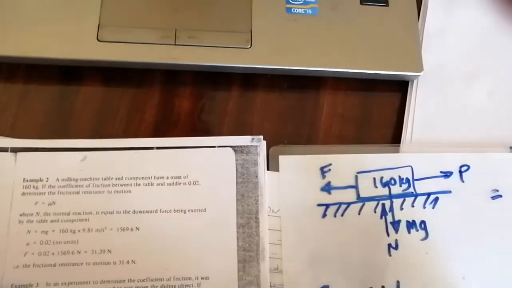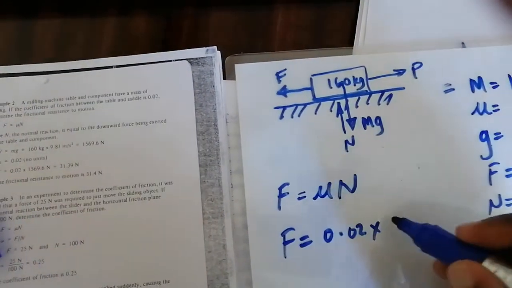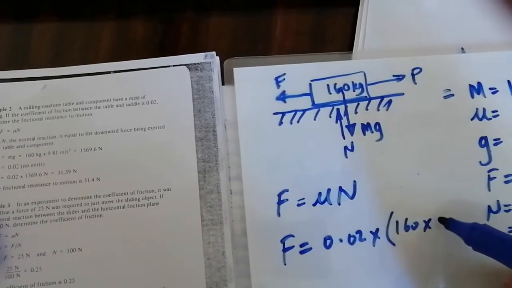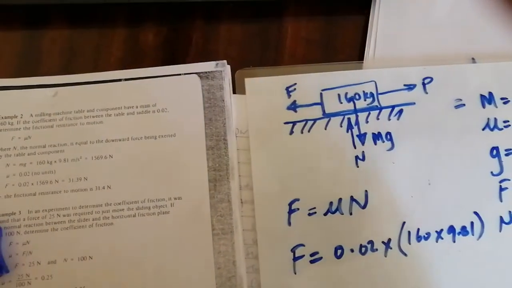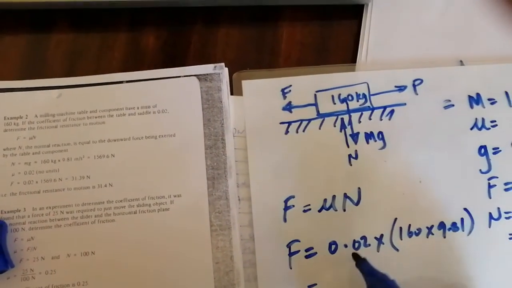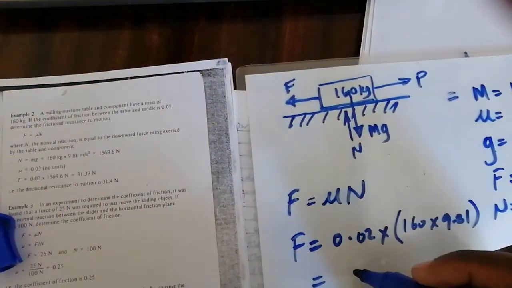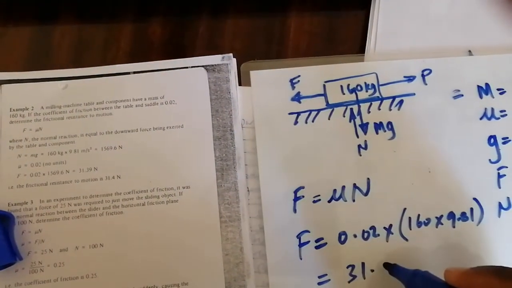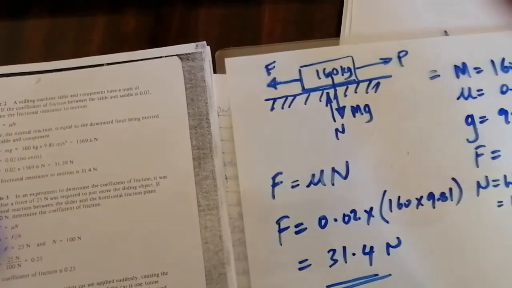Therefore, our F should be equal to 0.02 multiplied by our normal force, which is mass times gravitational acceleration. This has no units, this one will become 2 newtons. So if you multiply this, you're supposed to get something like 31.4 newtons.